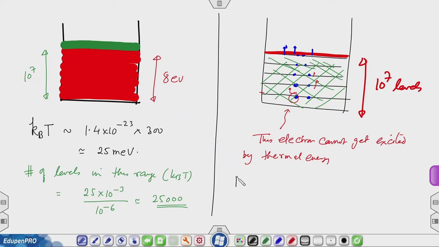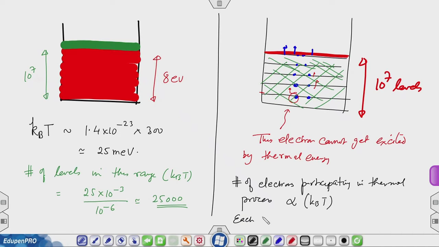So, I can say that the number of electrons participating in thermal process is roughly proportional to kBT. The rest do not participate, and each electron carries delta E roughly kBT.